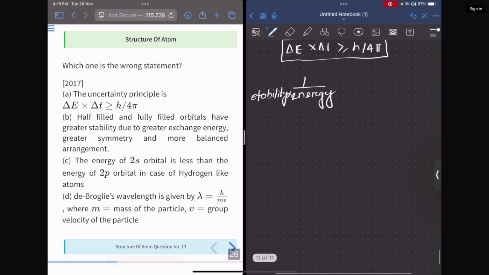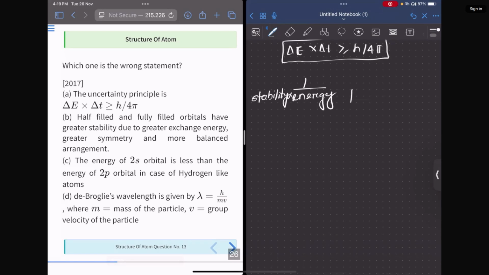If half-filled and full-filled orbitals have greater exchange energy, it means they lose more energy by exchanging electrons with each other. If you go through NCERT on the last page of this chapter, you will see a green box where the concept of exchange energy is explained.